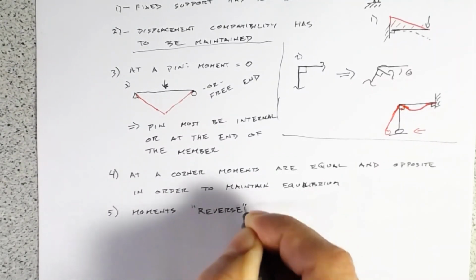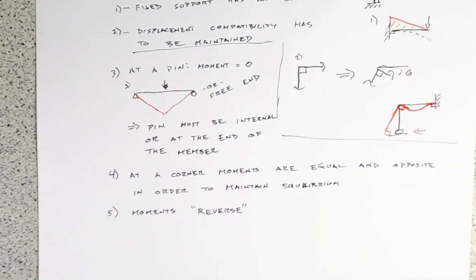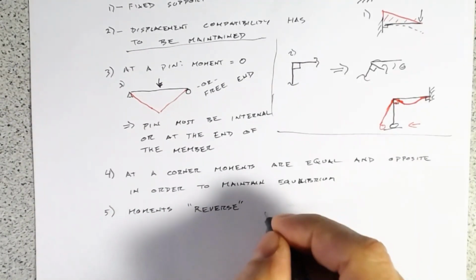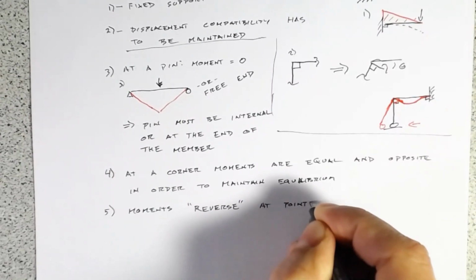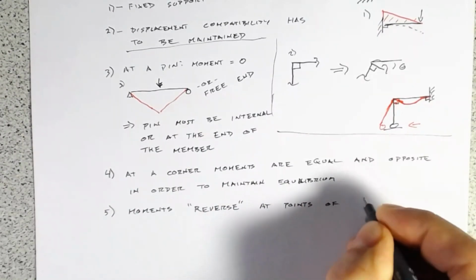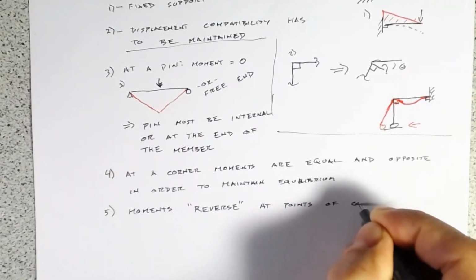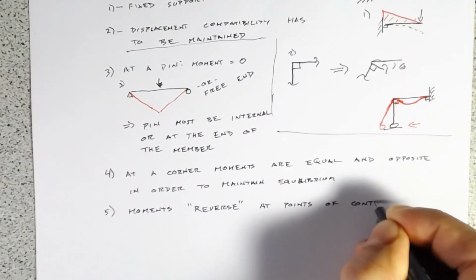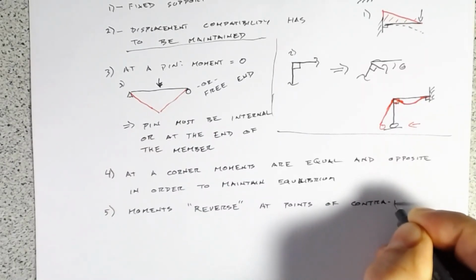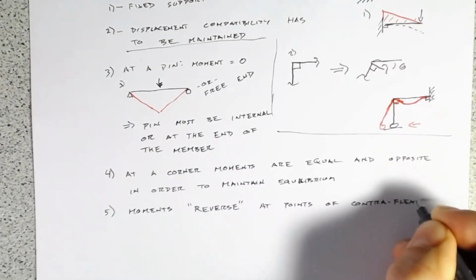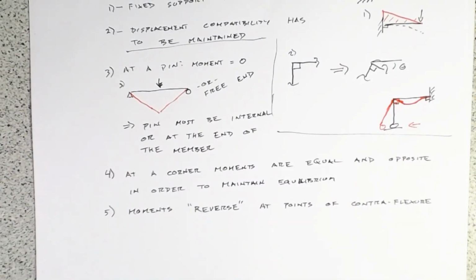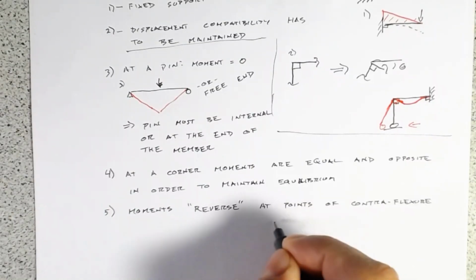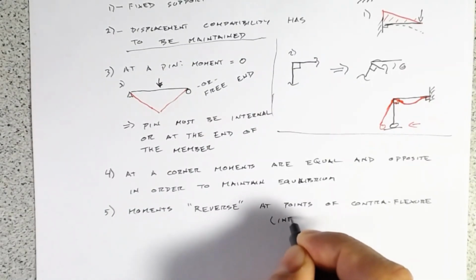You can think about reverse as they are changing signs at points of contraflexure. You can think of a point of contraflexure as the same as an inflection point.